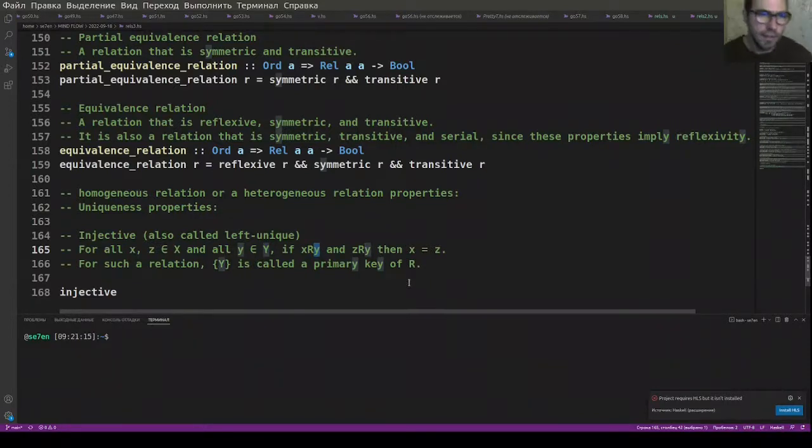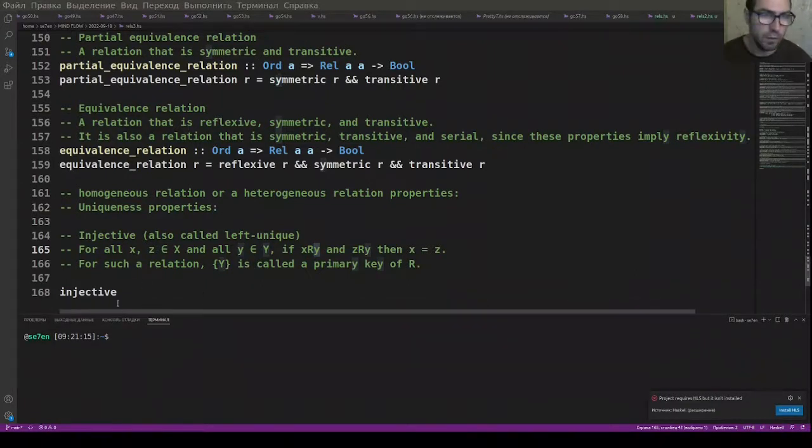This means that for every second element of the pair of the relation, we have only one element of X. So x is determined by y, and in this case y is called the primary key of R.